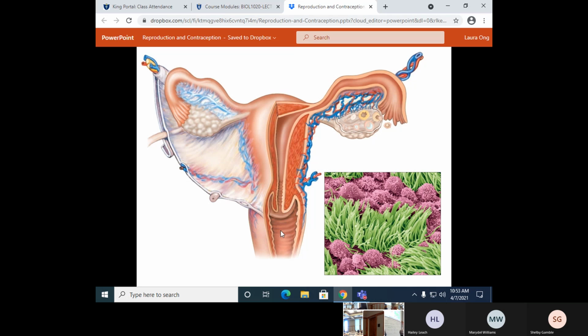Healthy vaginas, write this here. Healthy vaginas have microbes that live there, that are supposed to live there. It's part of your normal microbial flora.